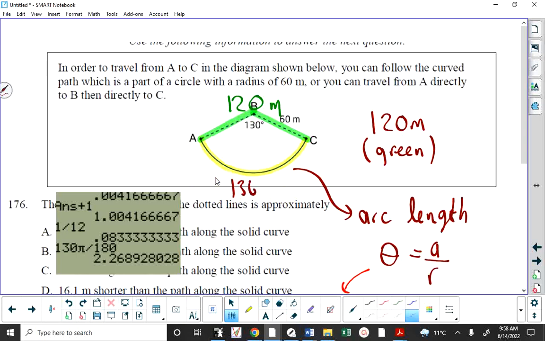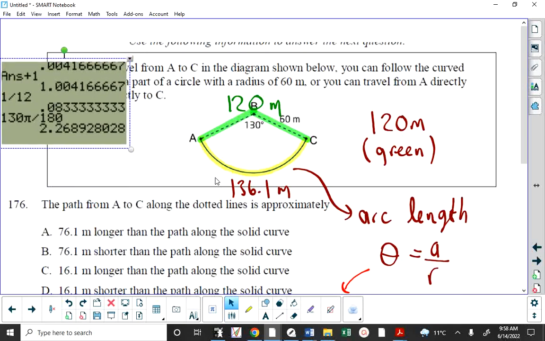The question is, is the distance along the dotted lines longer or shorter? Shorter, by 16.1 meters. Good? Okay. Leslie? 112?